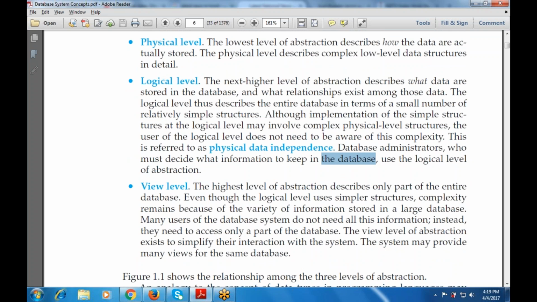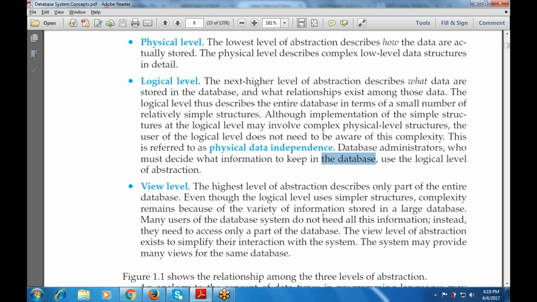The view level is the highest level of abstraction and describes only a part of the entire database. Even though the logical level uses simpler structures, complexity remains because of the variety of information stored in a large database.